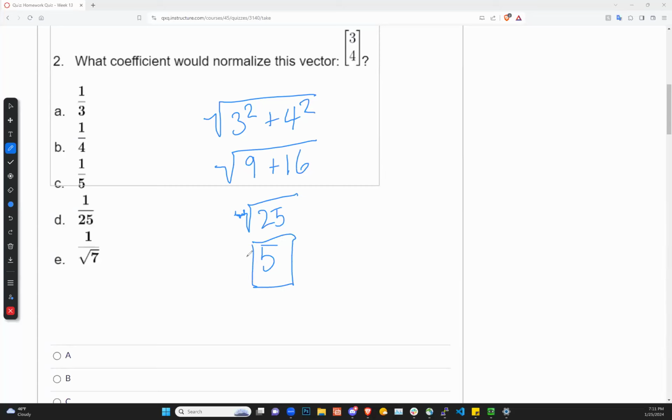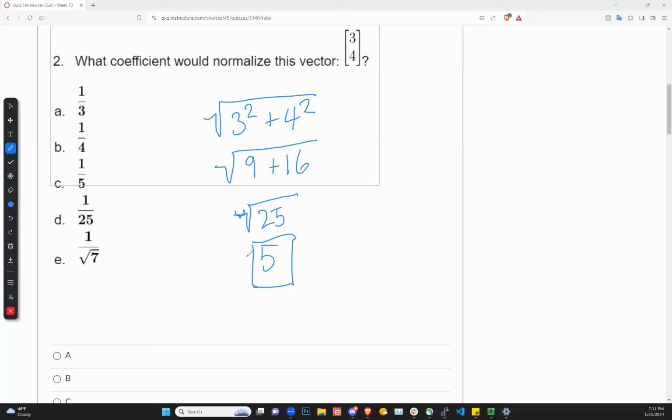So how would we rescale this vector to get a vector that has length 1? Well, if we make it 1/5 of the size, then the length of 5 is going to be shrunk down to a length of 1. So what we do is we divide by the length of the vector. You can also think of this like if I have a 12-foot pole and I cut it into 12 pieces, each piece that I end up with is going to be 1 foot long.